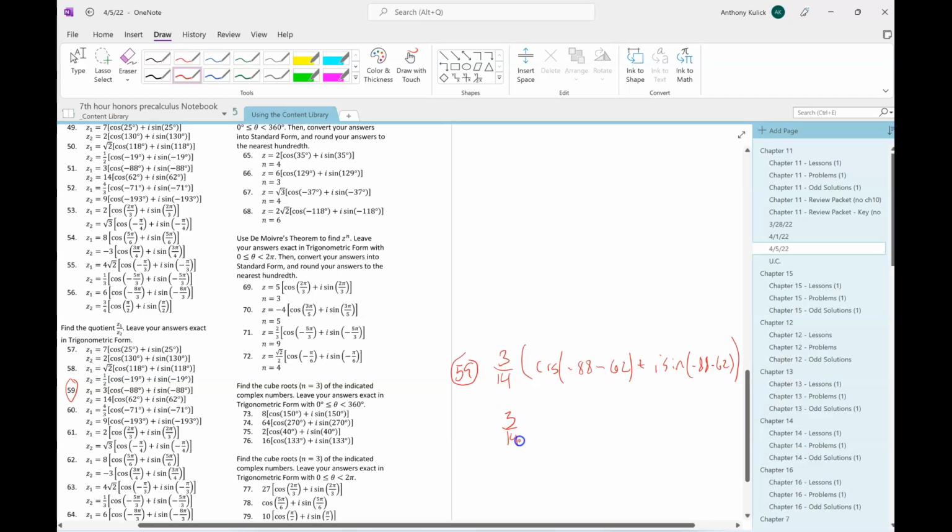So 3/14 times cosine of negative 150, I think, if I did that arithmetic right. The directions ask for trigonometric form, so that's all she needs.